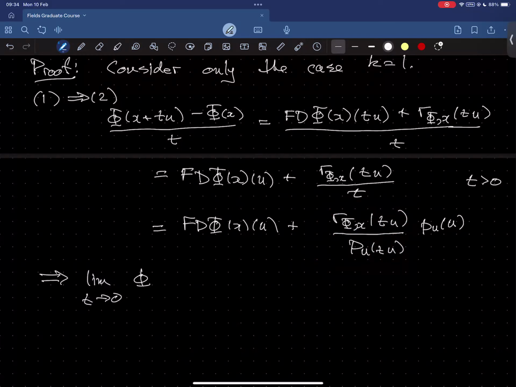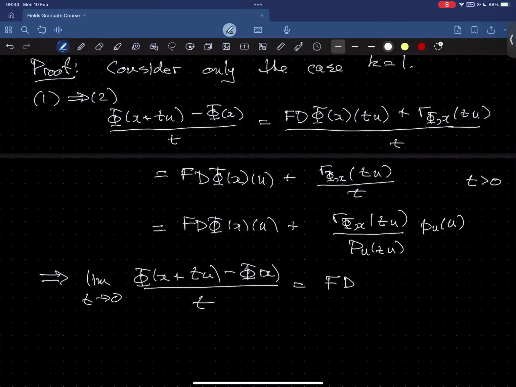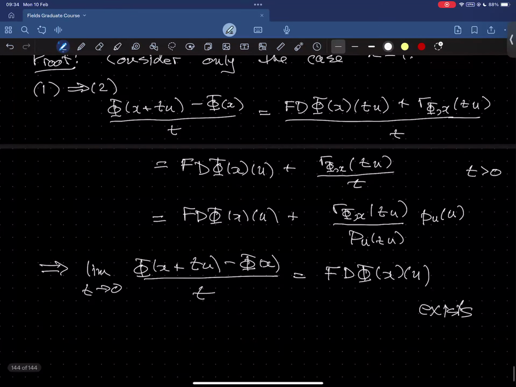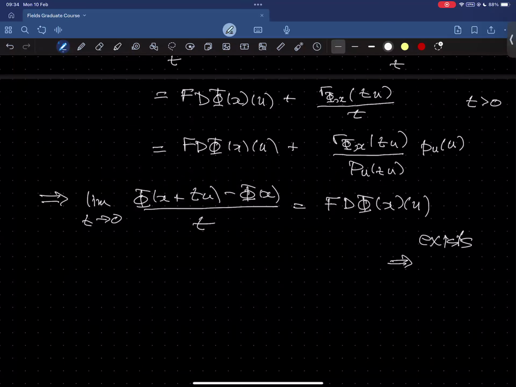So phi of X plus TU minus phi X over T is equal to F D phi of X of U. And the point is that the limit exists. And so because the limit exists, phi is C1.